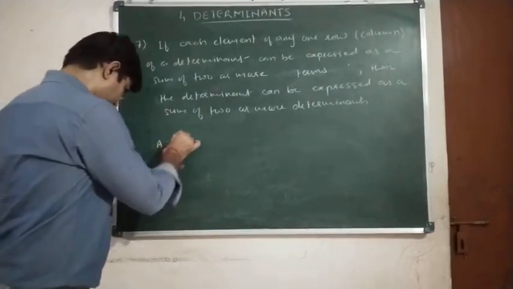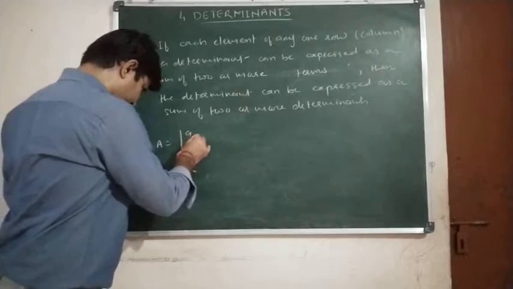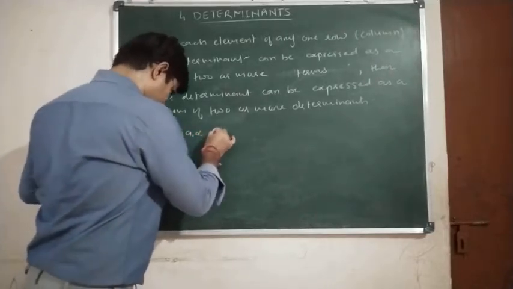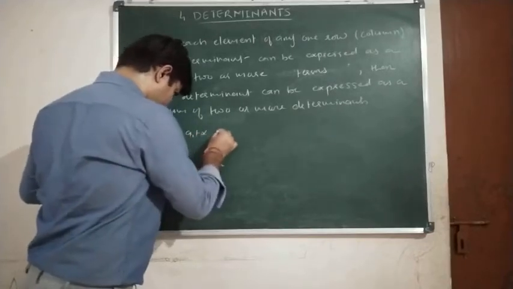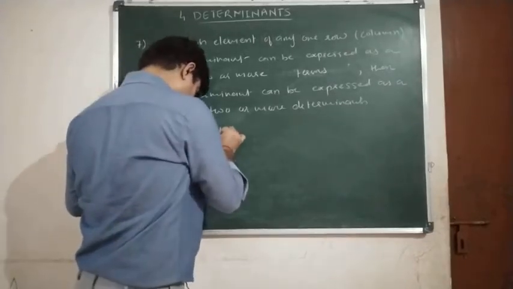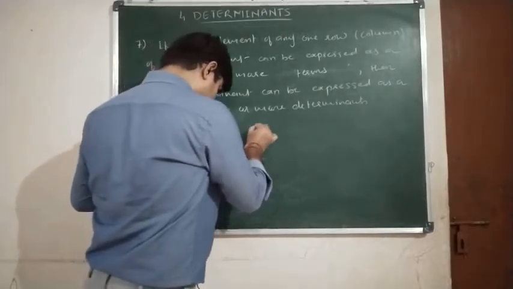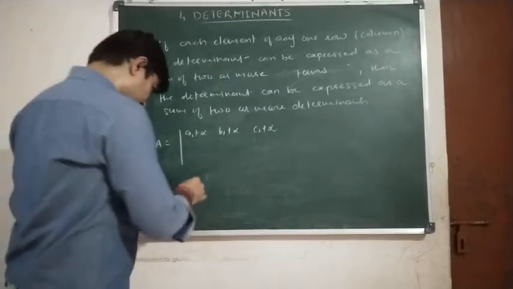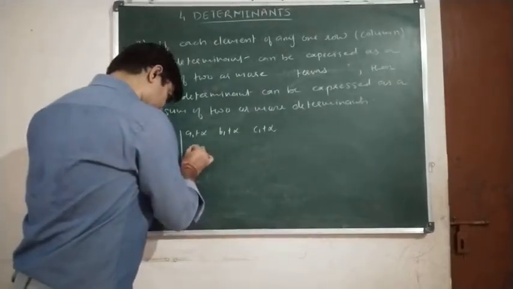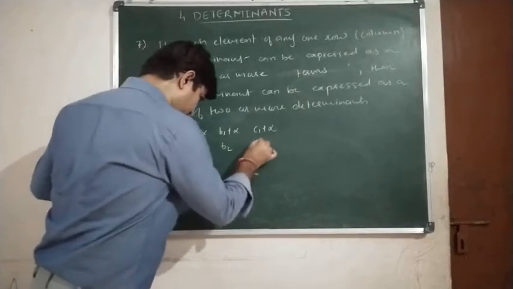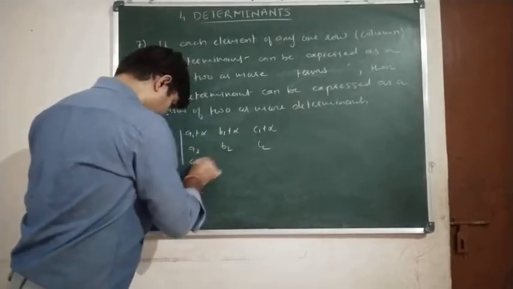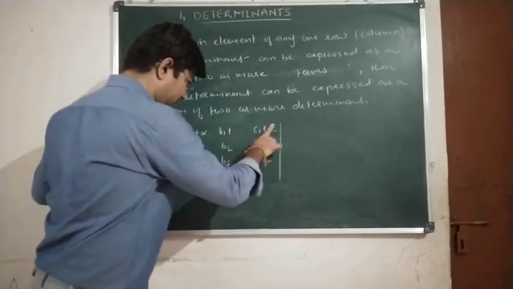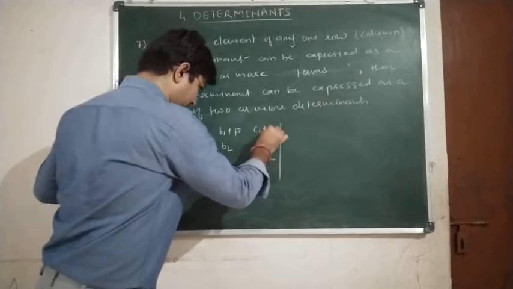Suppose we have a determinant A written as first row a1 plus alpha, b1 plus alpha, c1 plus alpha, and then a2 b2 c2, a3 b3 c3. Here it is not necessary that we put alpha only, here we can put any element, beta and gamma.